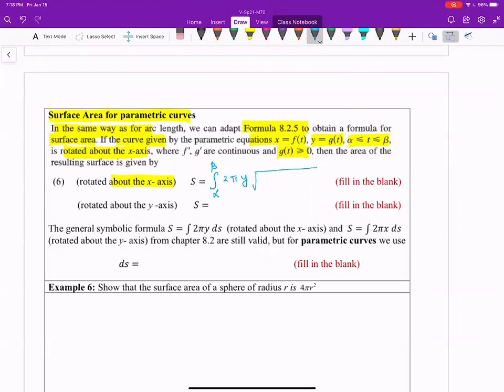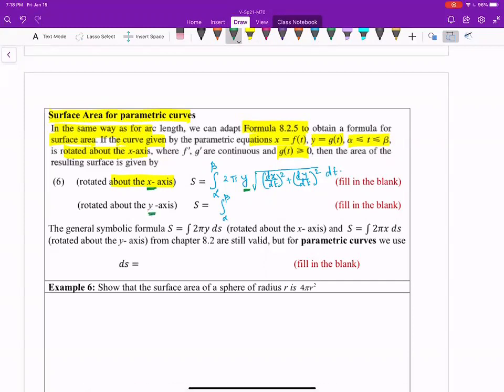There we had two options. Here we have only one formula for the arc length. It's kind of much simpler to do. So it is square root of dx by dt the whole square plus dy by dt the whole square dt. If it is rotated about the y-axis, that is alpha to beta, so rotated about the x-axis previously, notice here it is y.